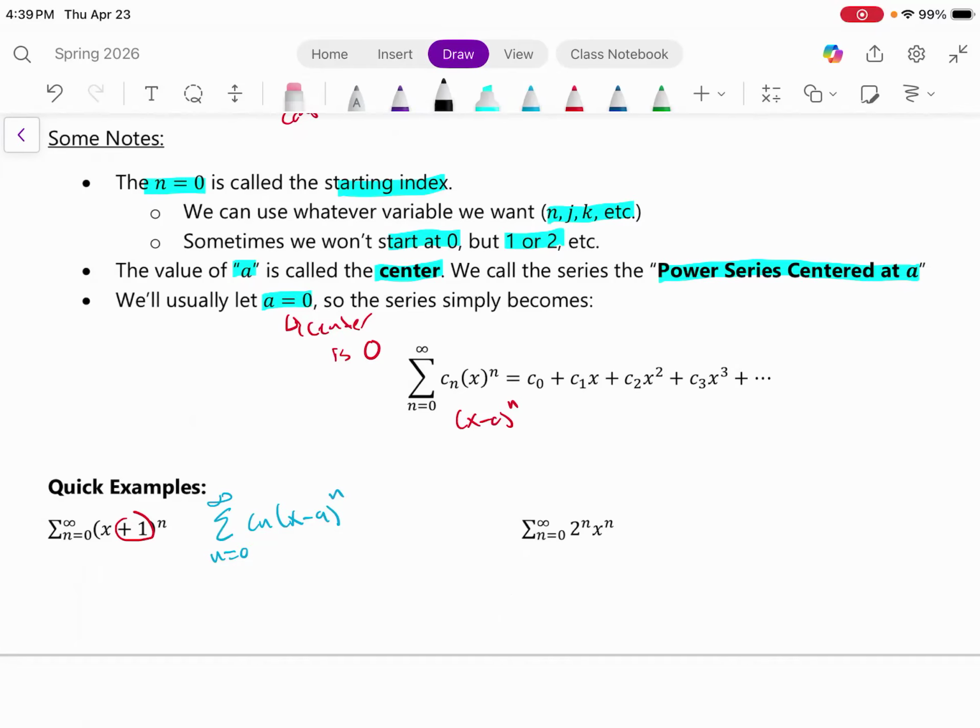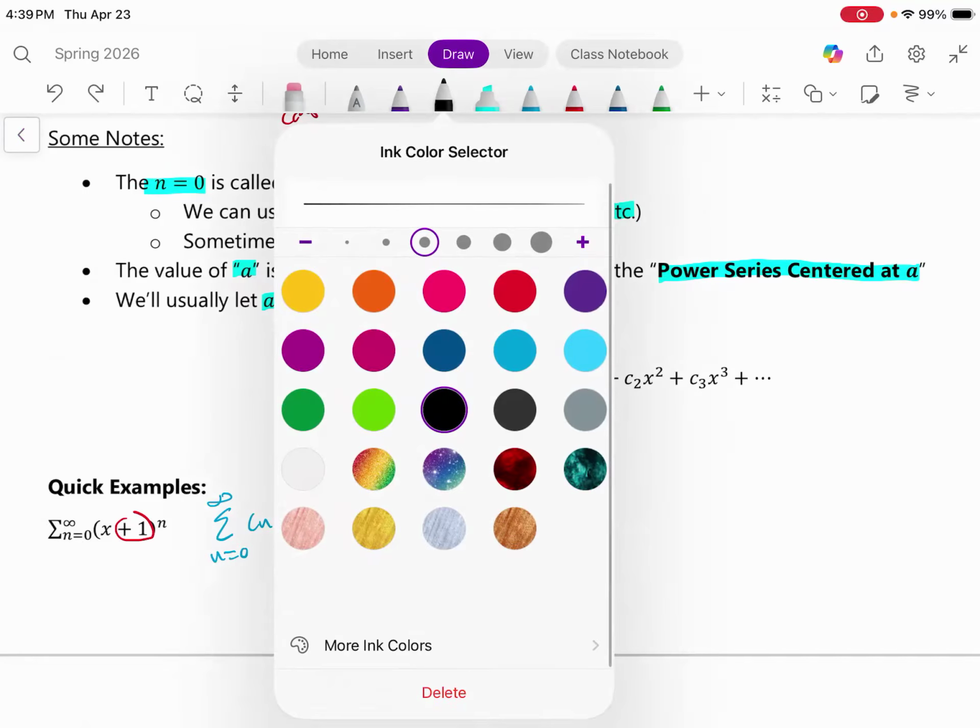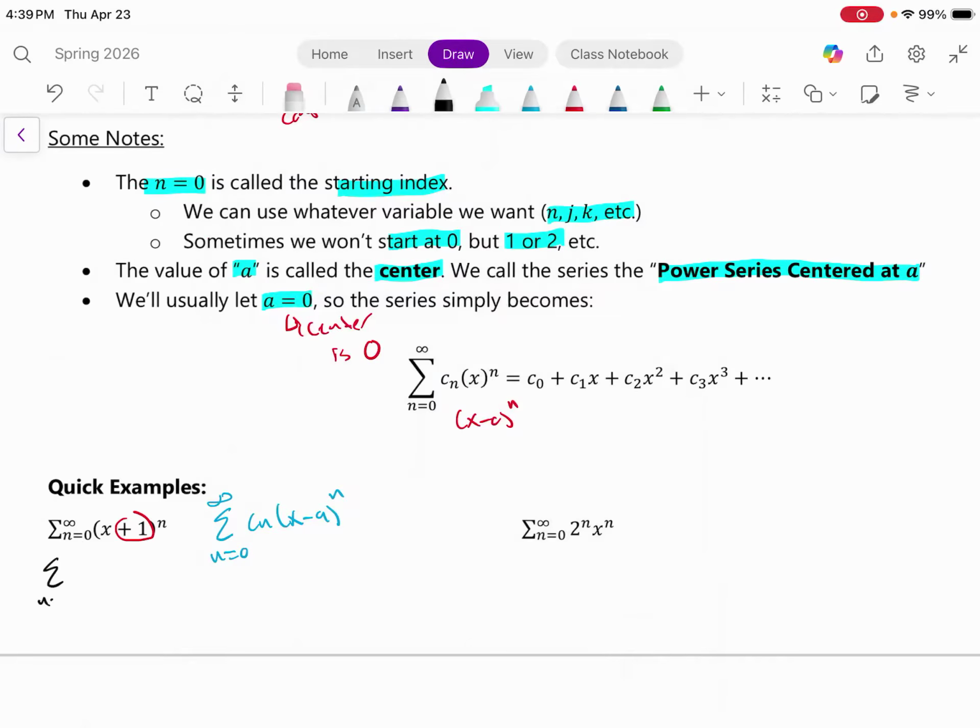I could rewrite it as x minus negative 1 to the n. So this is a power series centered at x equals negative 1.